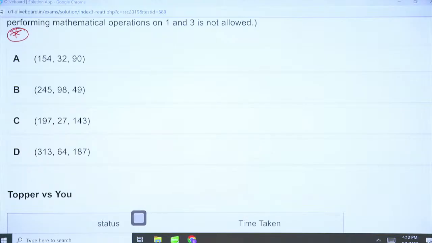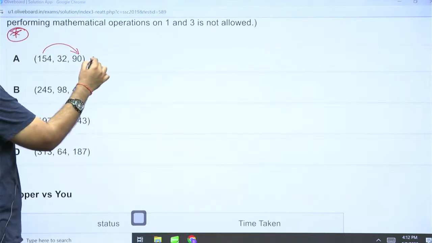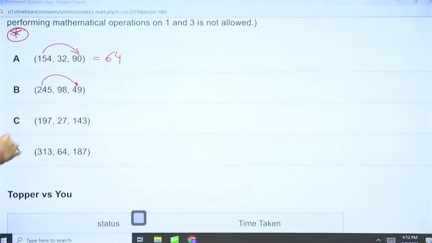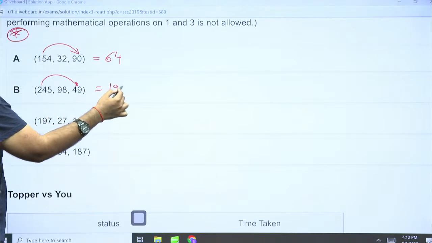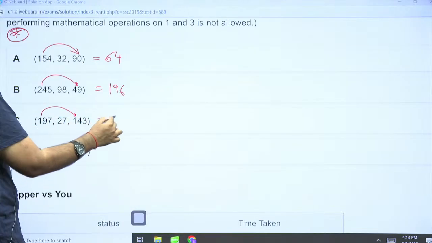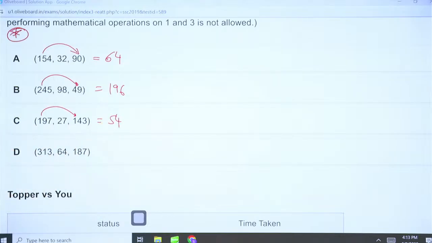So, if you observe carefully, just subtract these two numbers. Okay, subtract first and third number. What do you get? You get 64 here. Subtract these two numbers again. So, you will get 196. Subtract these two numbers. So, you will get 54. Are you getting what is happening?